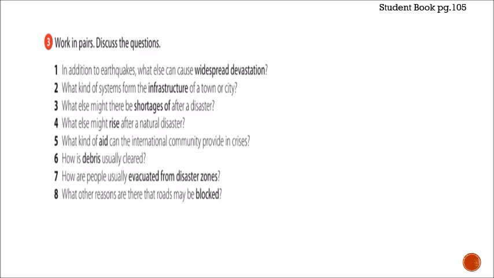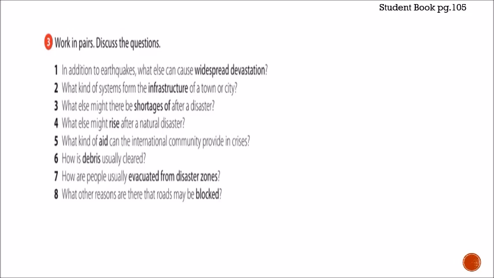Now, number 5, what kind of aid can the international community provide in crisis? So probably, as you can see, guys, nowadays people get unified by donating things, right? And even money. So to help other people, we can donate supplies, medical supplies, medicine.